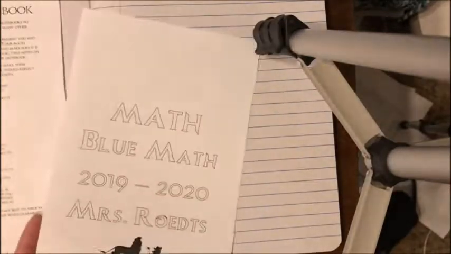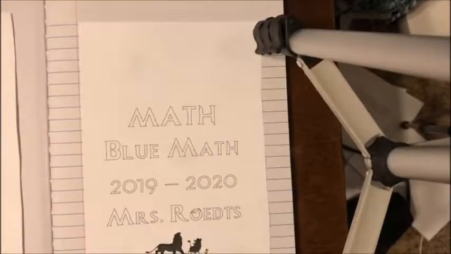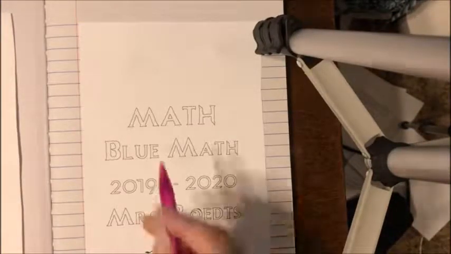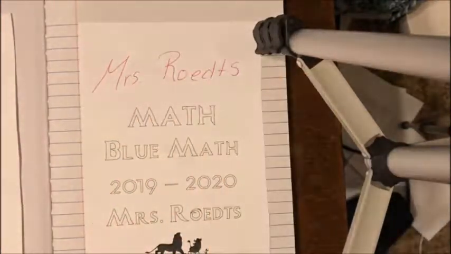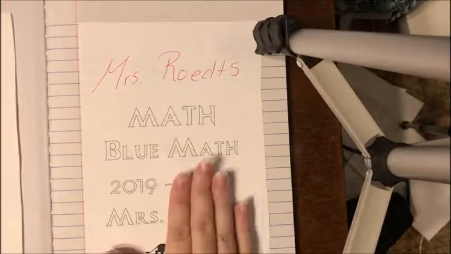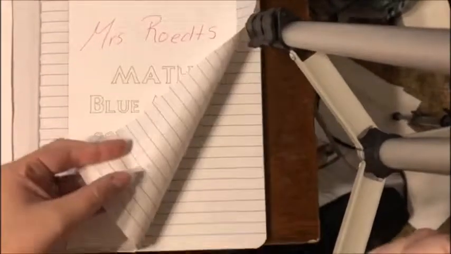Now, on the page right next to your My Mathematics notebook, you're going to glue in your nameplate. All right, now that that's glued in, you want to write your name first and last at the very top of the page. Okay. You can color this later. All right, then we're going to turn the page.